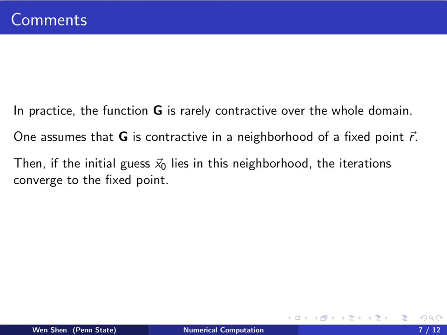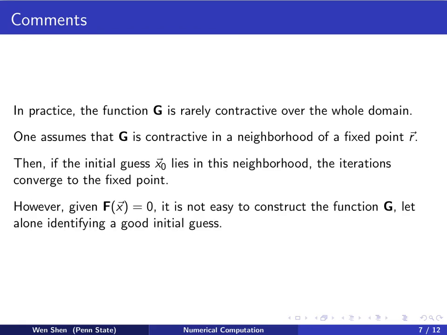In that case, if the initial guess x0 lies in this neighborhood, then the iterations would converge to the fixed point. However, given f(x) equals 0, it is not easy to construct the function g, let alone identify a good initial guess.